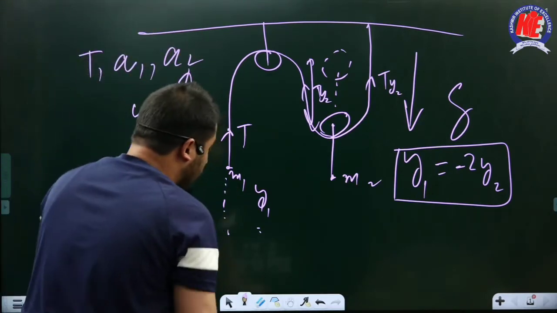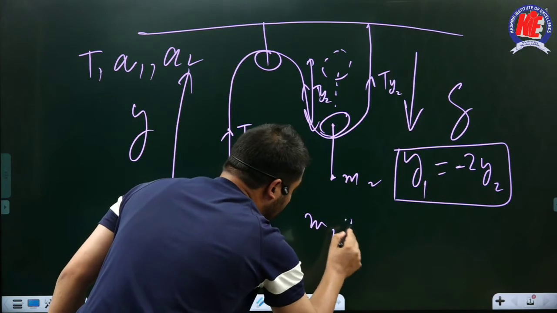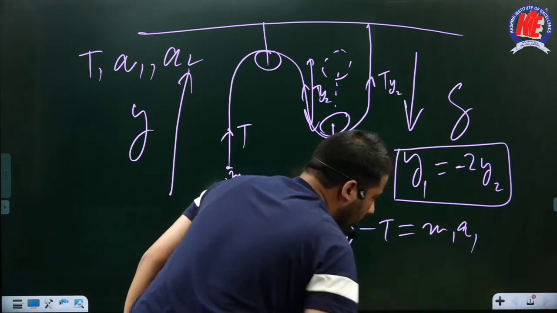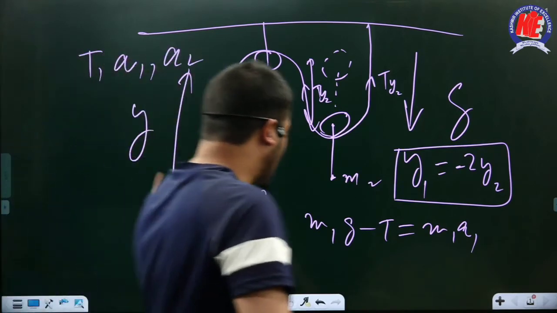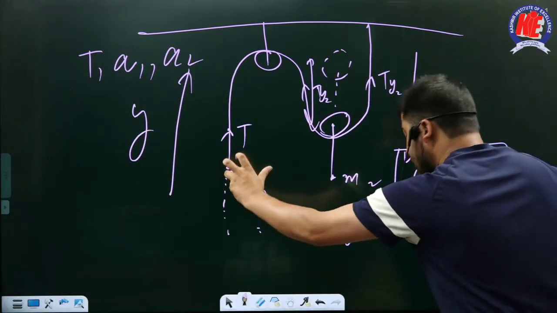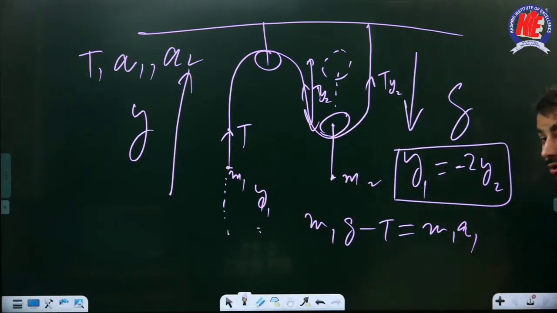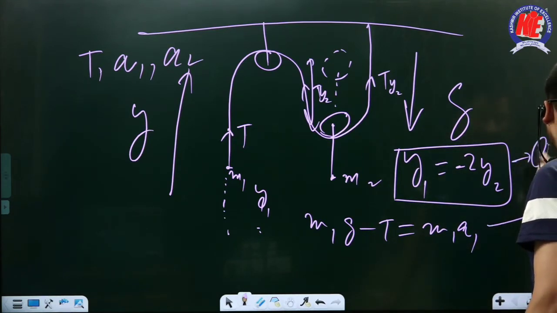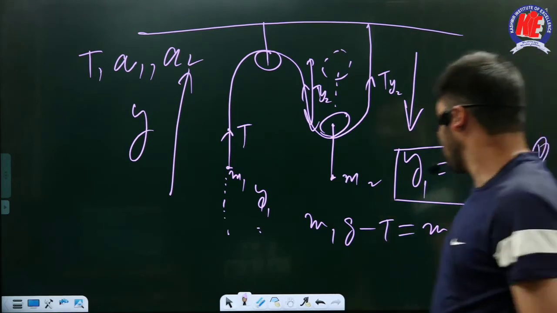I have the first force here, that's the weight of this block minus T. It is going to move with m1 a1. Okay, यहाँ पे आप ध्यान दीजिएगा, because जब हम इस ब्लॉक की बात करते हैं ये मूव करेगा with acceleration a1.